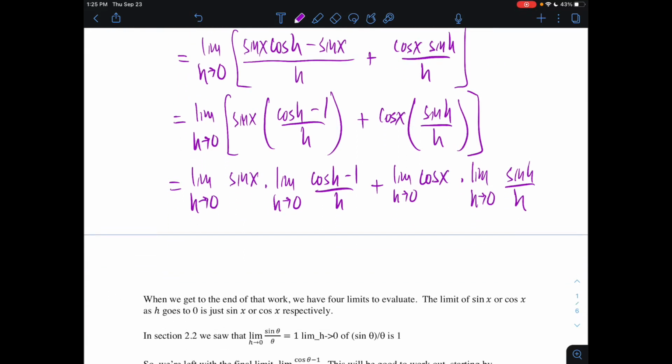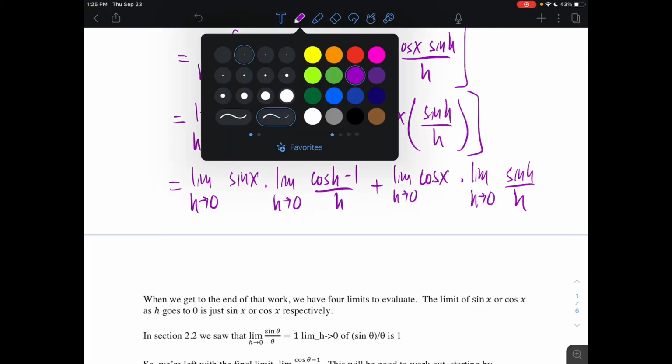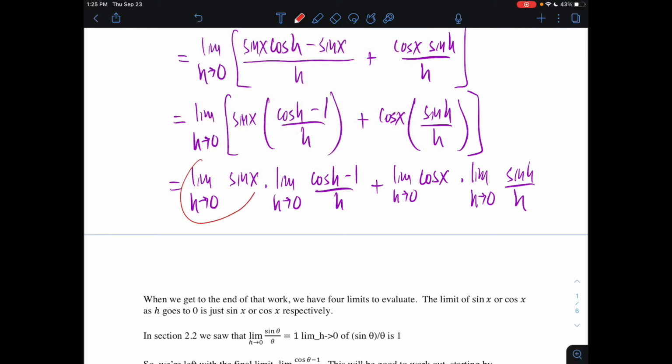When we get to the end of what I've just written, we now have 4 limits to evaluate. The limit of sine x as h approaches 0 or cosine x as h approaches 0 is just those respective functions because they don't depend on h. They're constant relative to that.